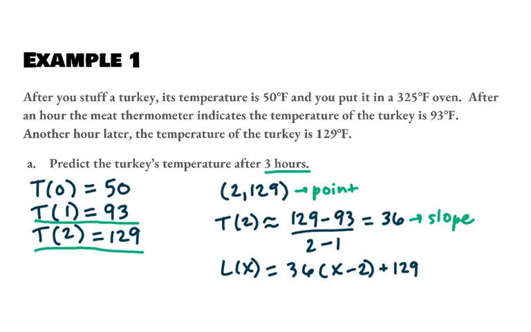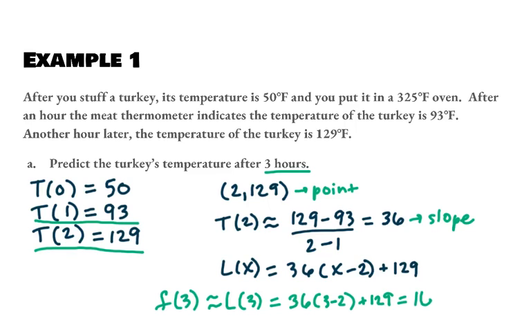And therefore, if we were to estimate the temperature of the turkey after 3 hours, that would be L of 3, which is going to give us 36 times 3 minus 2 plus 129, and of course 3 minus 2 is just 1, so we essentially get 36 plus 129, and it estimates to 165 degrees Fahrenheit, which is so exciting.